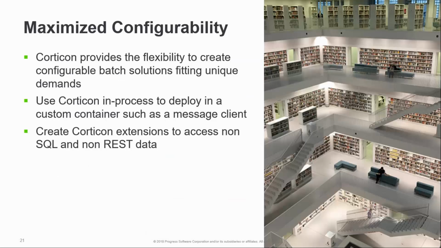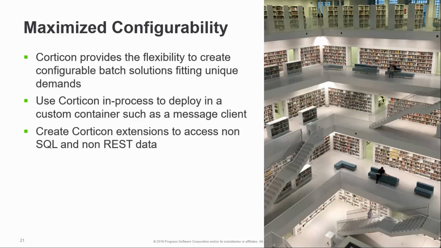So with Corticon, we provide not only built-in batch processing capability, but also the ability to create a very customized solution. If you're familiar with Corticon, the Corticon server is built to be embeddable. In fact, you can deploy as a REST or a SOAP service.